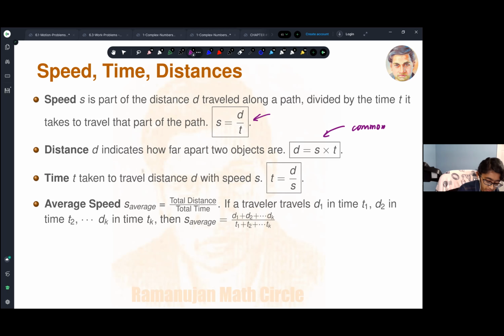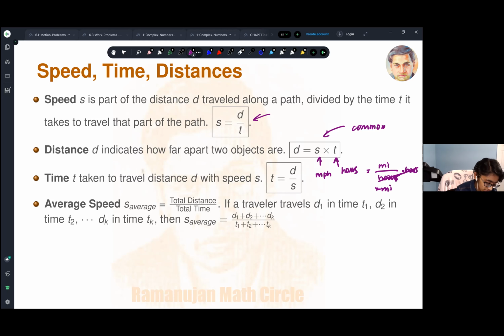And one thing you can remember is, for example, speed generally is like miles per hour, right? Time can be in hours. When you multiply these two, it's miles per hour times hours. So that cancels, so it ends up being miles. And that miles is the measurement of distance.